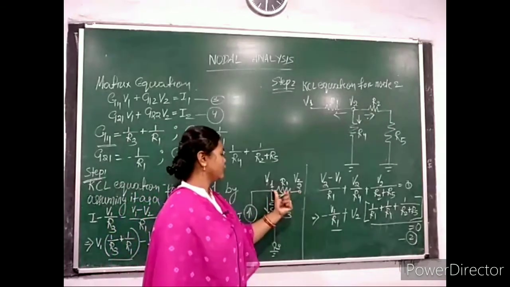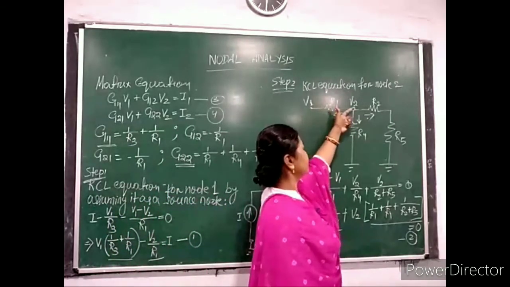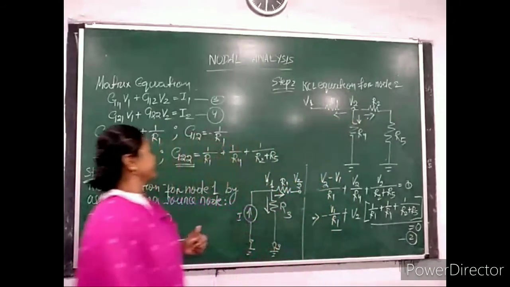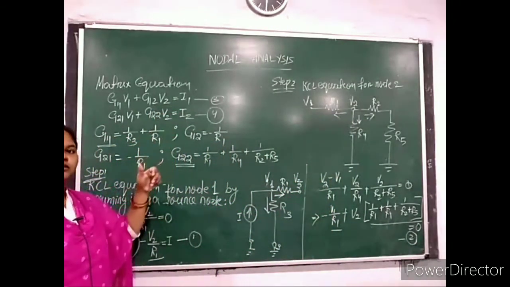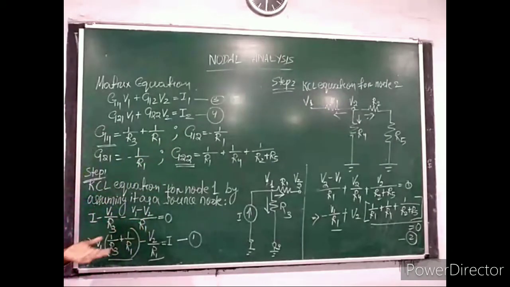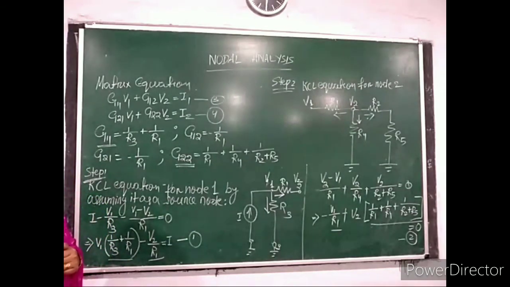See here, node 1 and 2 both. Here also, node 1 and 2 both. And I1 and I2 are the source currents driven into node 1 and 2. If these currents go towards the node, the sign is positive. If it flows outward from the node, it is considered negative.